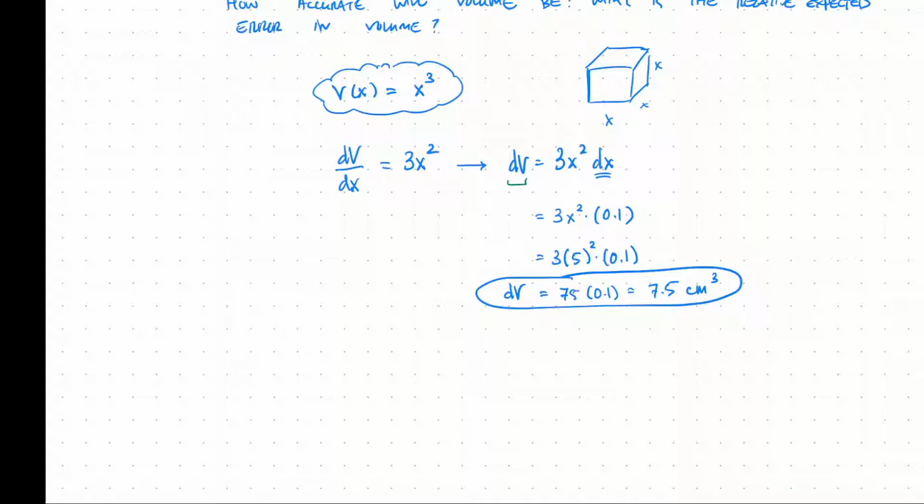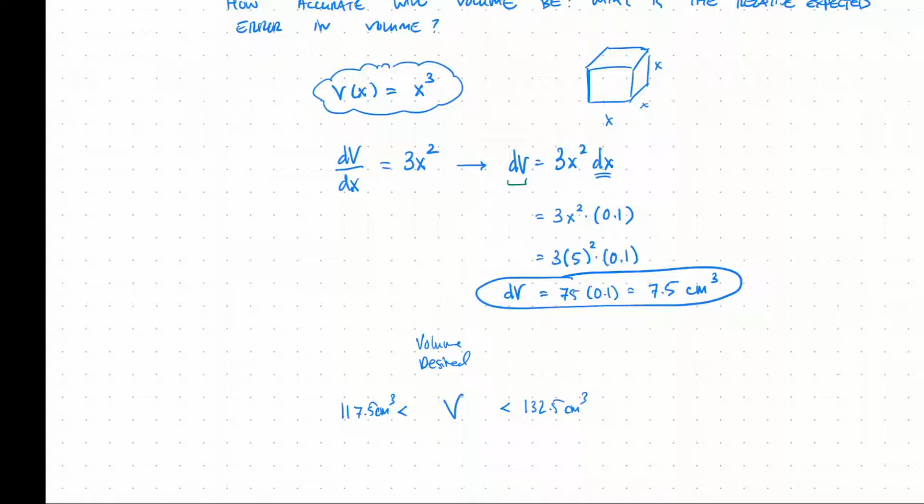Okay, so there's a few ways to interpret this, and one would be, well, if our desired volume is 125 centimeters cubed, because that's 5 cubed, right? We know that this is really going to be bouncing between 7.5 more, which is 132.5 centimeters cubed, and beneath that, 117.5 centimeters cubed.